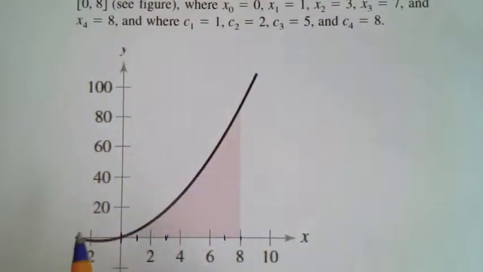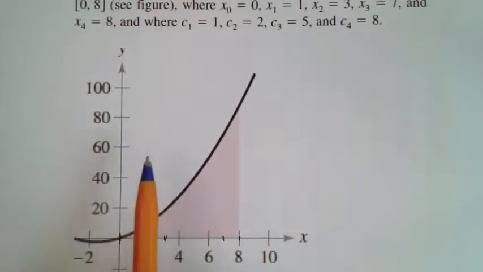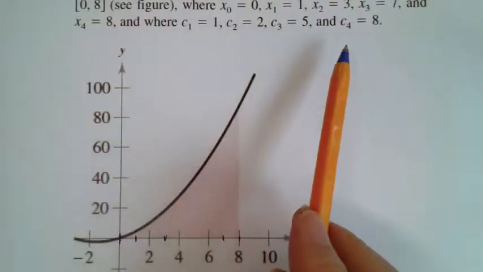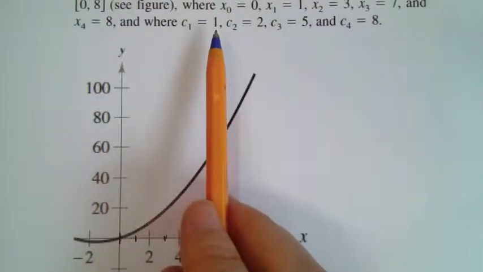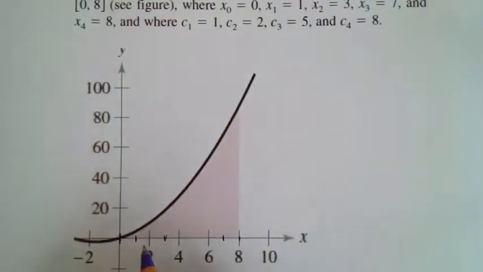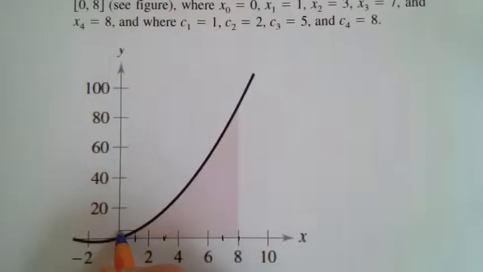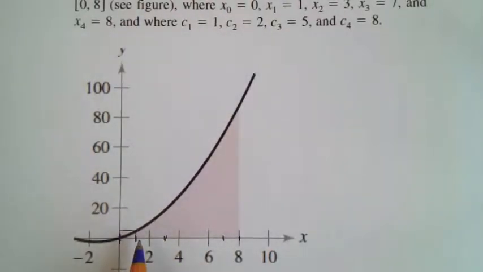And now, how do we decide how high the rectangles are? Are we using RRAM? Are we using LRAM? MRAM? We're going to use actually points that are defined here. So for the first rectangle, we use x equals 1 to determine how high the rectangle is. For the second one, we use x equals 2. So the second rectangle goes from 1 to 3, but we pick x equals 2 to decide how high the rectangle is.